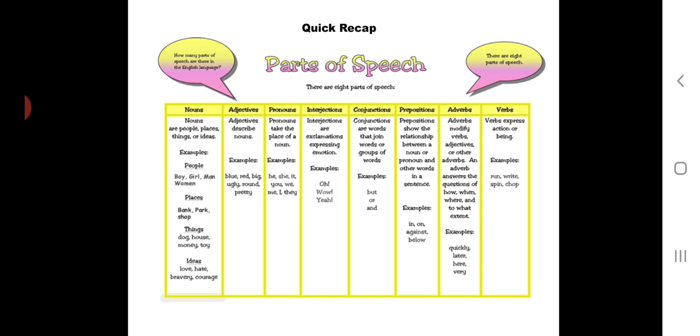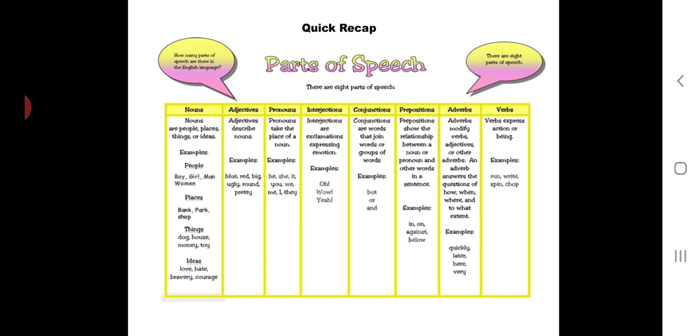After that, prepositions. Prepositions show the relationship between the noun or pronoun and another word in a sentence. They also show the place, time, and direction of the noun or pronoun in a sentence.